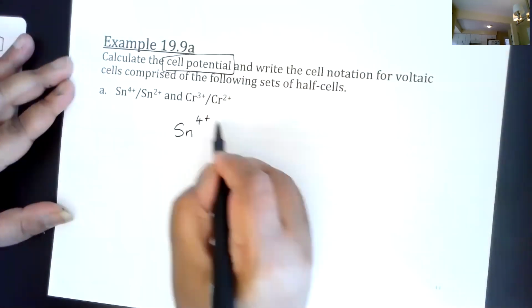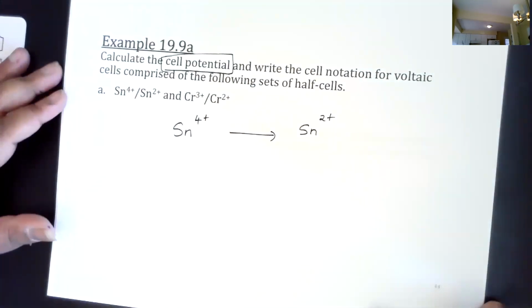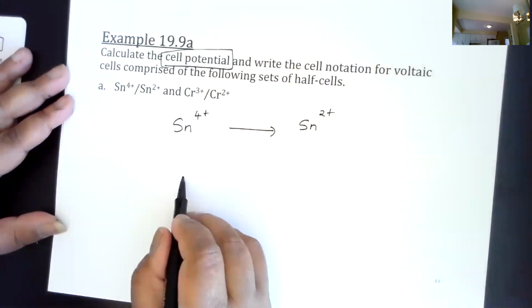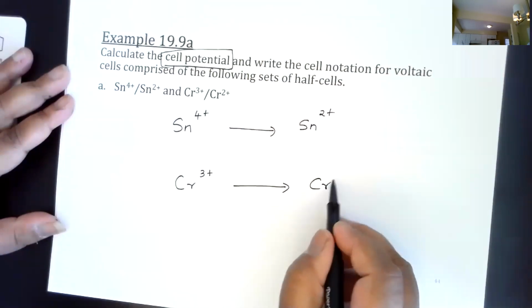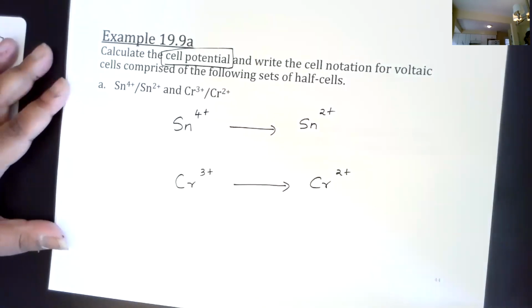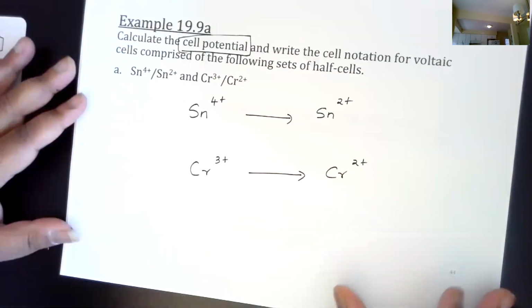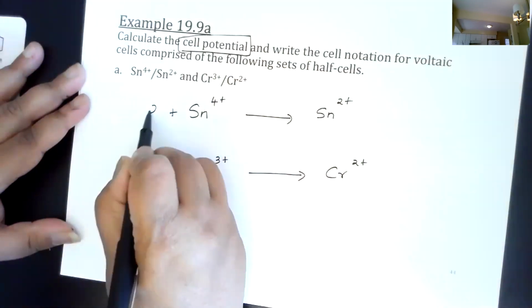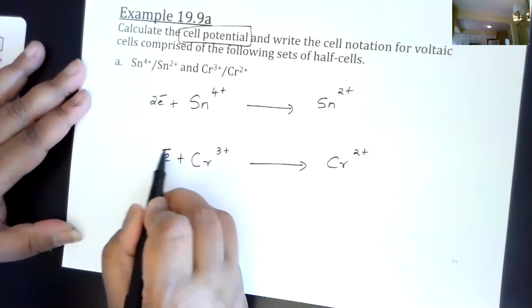Sn4 plus giving Sn2 plus. Balance it. And then Cr3 plus giving Cr2 plus. How will you balance these? Plus 2 electrons. And this is plus an electron.